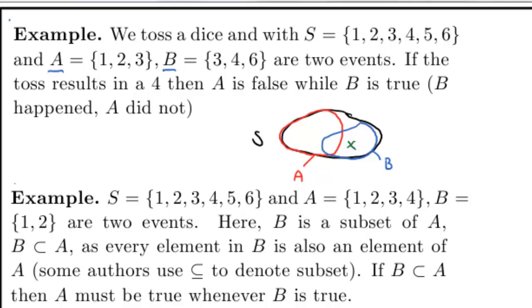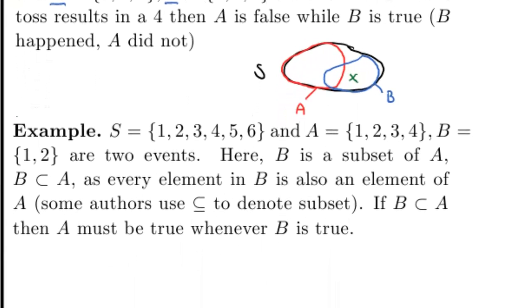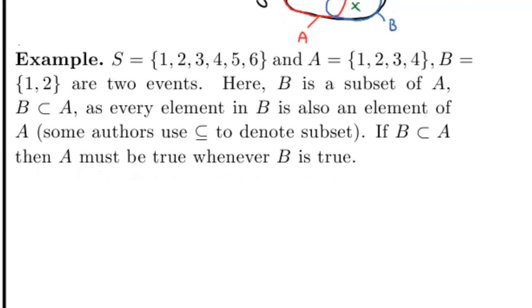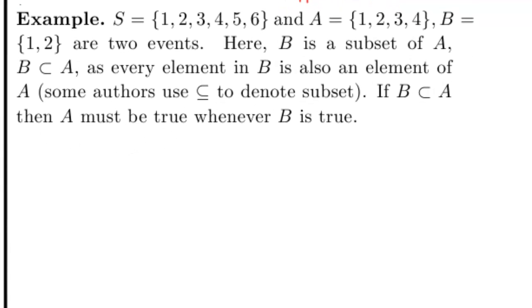Here's another example. Again, same sample space, same experiment. But in this case, the event B is a subset of event A. We use this notation for subset.